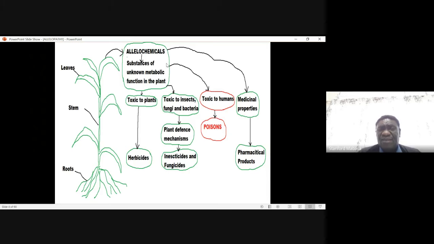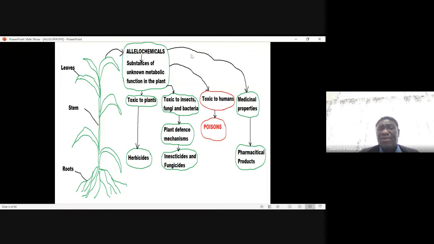These allelochemicals are also potentially poisonous to humans. So they could be toxic to humans. So we can have poisons out of these plants. Indeed, there are some plants which are really toxic, which can cause death.